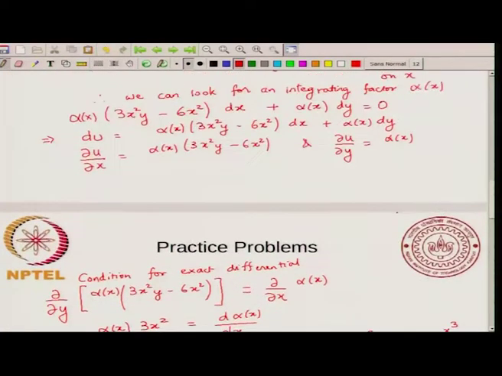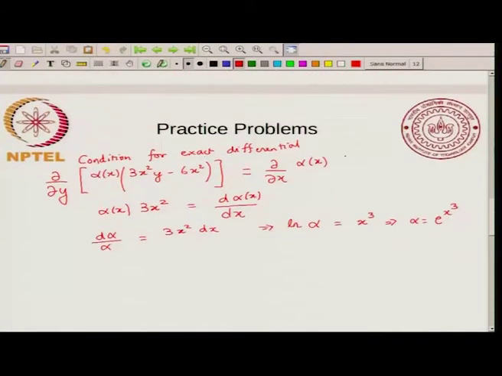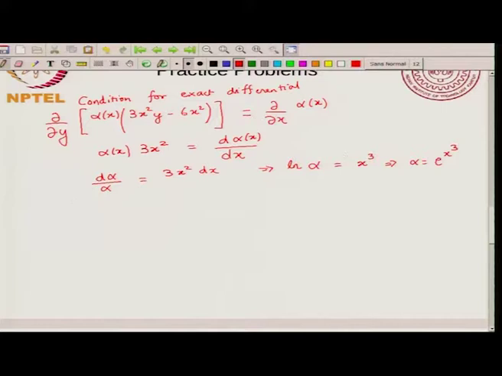Okay. So, next what can you say? Now you go back to these equations. So, we know that dou u by dou y is alpha x. So, therefore, you can say that dou u by dou y is equal to e raised to x cube. Now, if I integrate both sides with respect to y, u is a function of x and y, right.